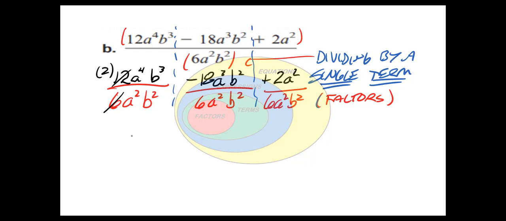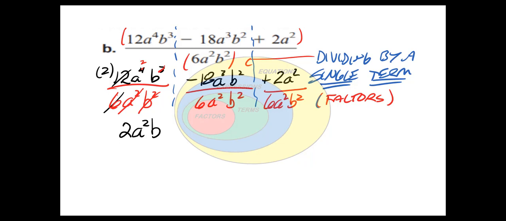If we cancel the factors of a, we have 4 a's on top and 2 on the bottom. So both a's on the bottom will cancel, leaving a squared. Now the b squared and the b cubed, both b's in the denominator will cancel, leaving 1b on top. So the first term would be 2a squared b.